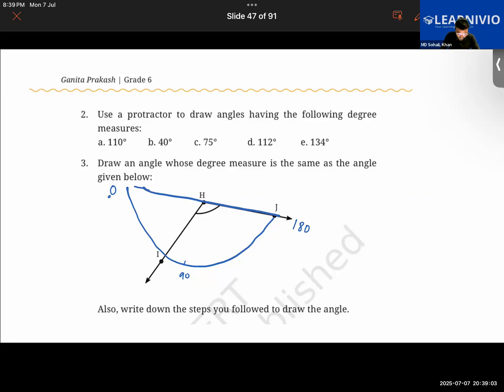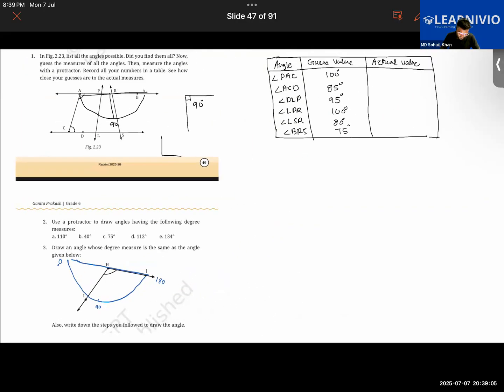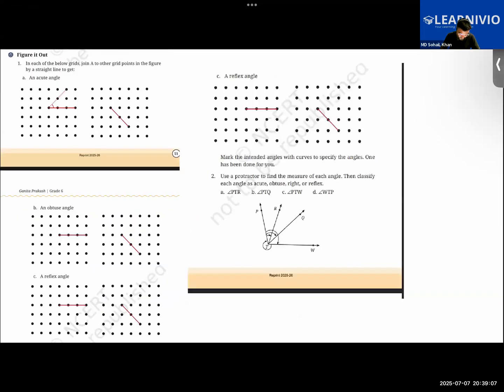Yes, sir. Tell me, have you done any questions further from your book? From the exercise, have you done any more questions? No, sir. I'm going to do it. Okay, do it, and whatever doubts you have, just let me know the questions so that we can discuss them right now. Okay. And meanwhile, you also try to participate here.